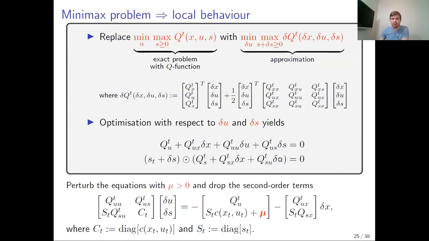These equations are generally hard to solve because the last equation defines a set with no interior. So we perturb the last set of equations with a perturbation parameter mu, which is strictly positive, and drop all the second order terms arising right here. So we end up with a parametric linear system of equations.